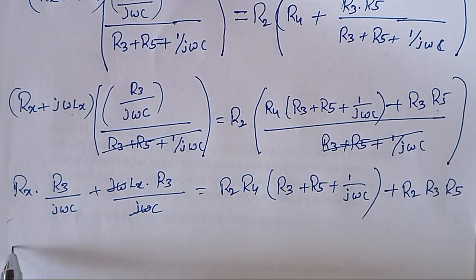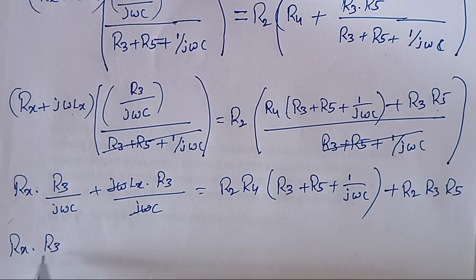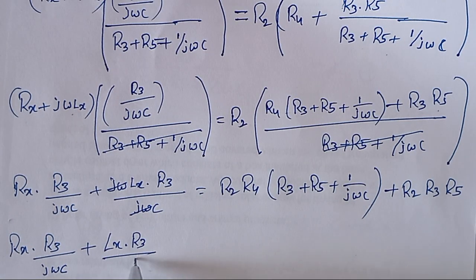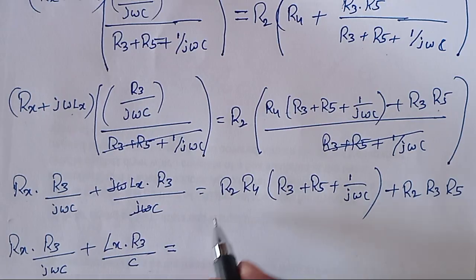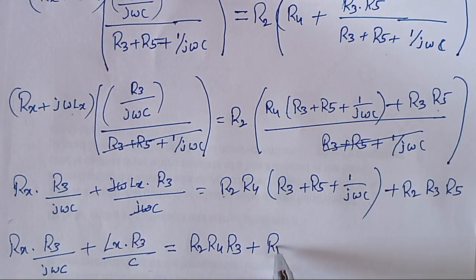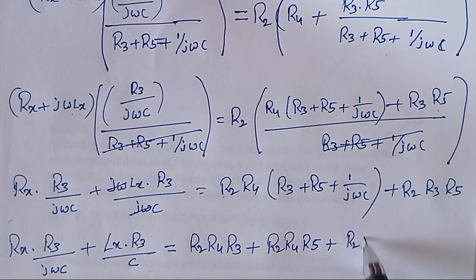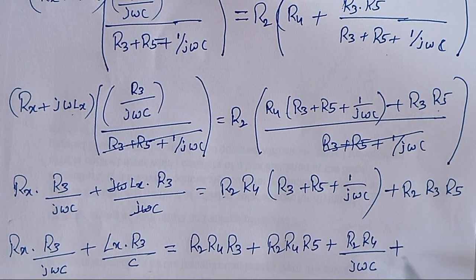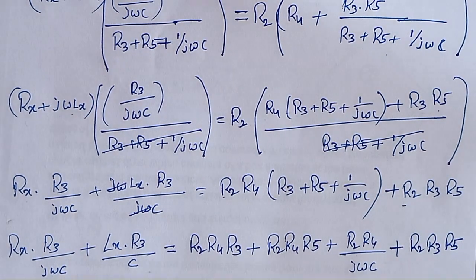So the rest of the terms: Rx R3 by j omega C plus Lx R3 by C equal to R2 R4 R3 plus R2 R4 R5 plus R2 R4 by j omega C plus R2 R3 R5.